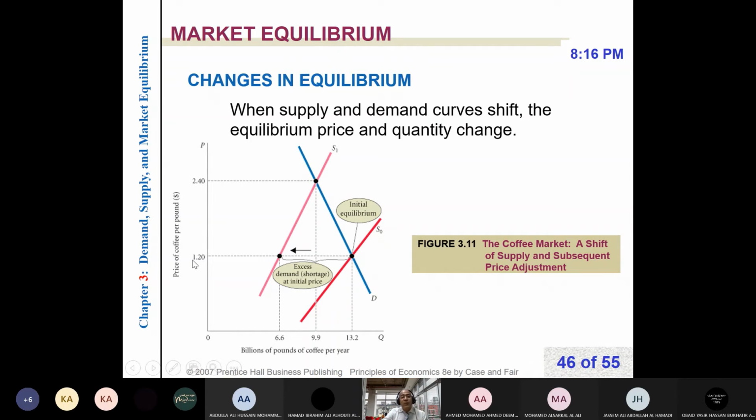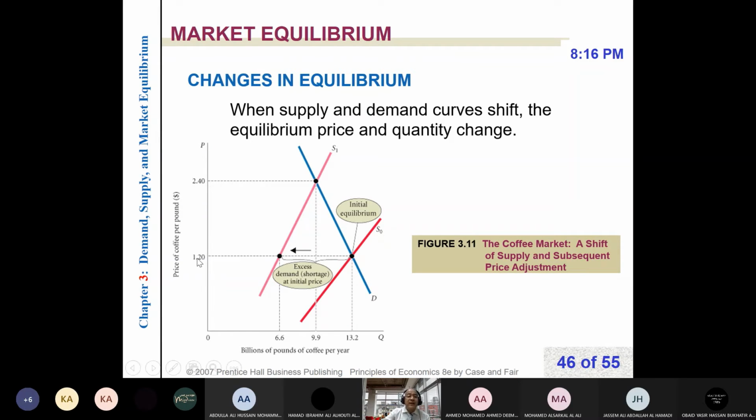So now at 150, what will happen? The quantity supplied will be 6.6, but the quantity demanded is as before, 13.2. The difference between them is called excess demand or shortage. Since we have a shortage, as I explained before, there will be upward pressure on the price.